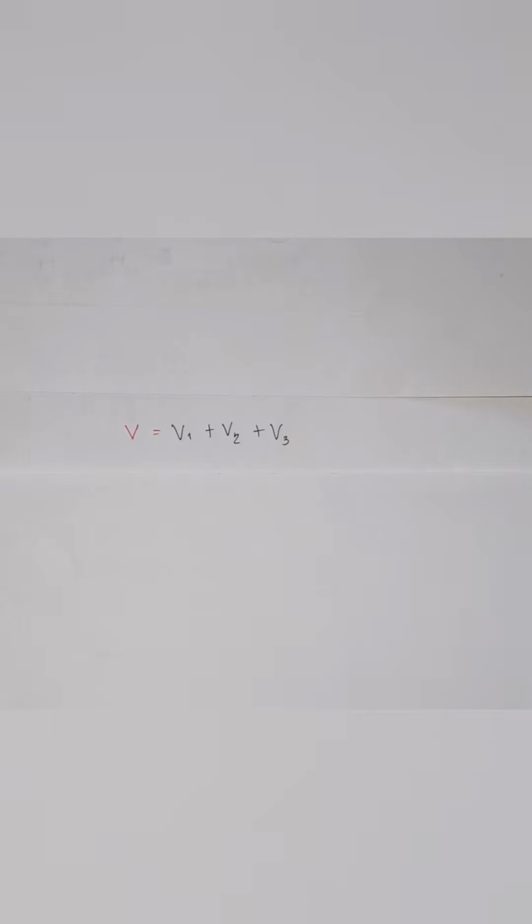Substituting all the computed values, for V1, we have 7.637 angle of 94.437 plus, for V2, which is negative 1.665 angle of 33.69, plus V3, which is 5.54 angle of negative 11.312. We obtain the final answer for the voltage V.